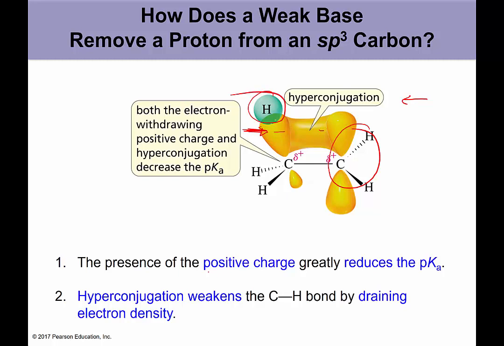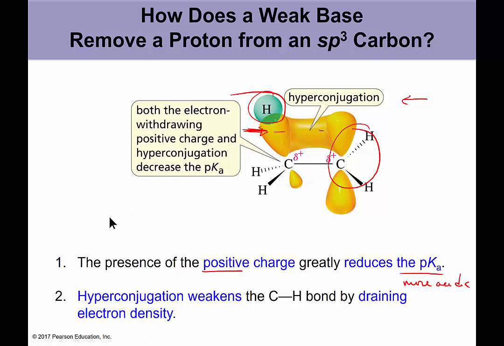So you've got a positive charge, which reduces the pKa, remember that makes it more acidic, and then that allows a weak base or nucleophile to remove the proton.